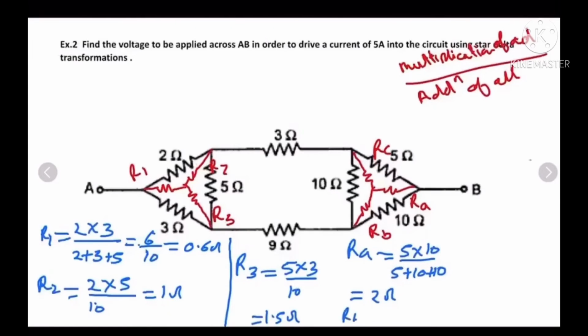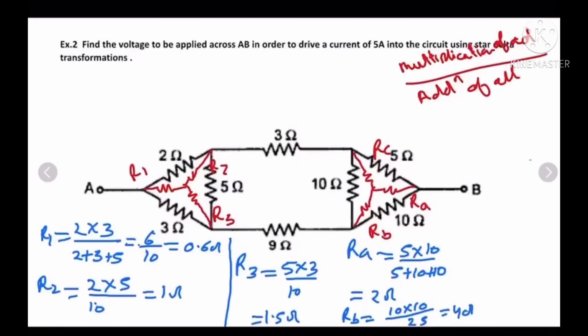RB is here, so its adjacent elements are 10 and 10. So 10 into 10 divided by 25 is 4 ohm.